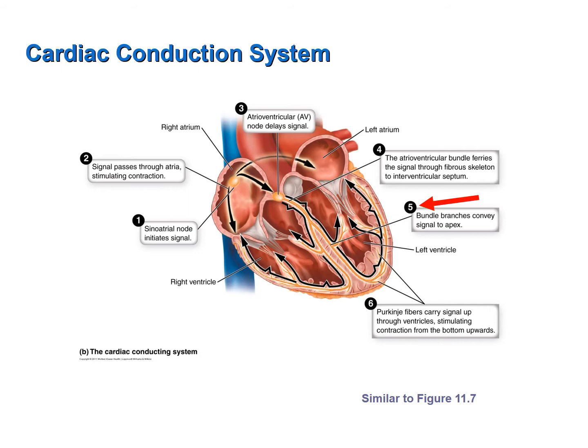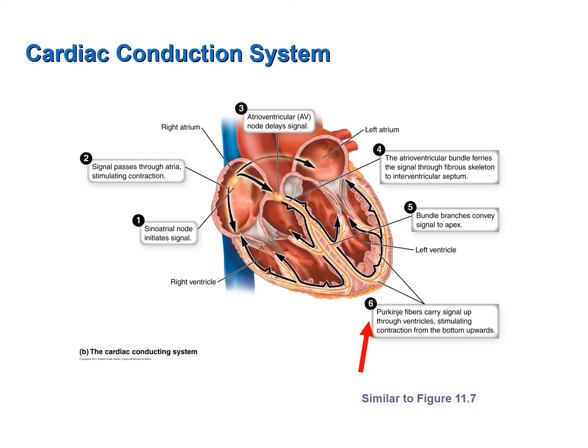Note that the atrioventricular bundle and the bundle branches do not stimulate contraction of cells in the ventricles because they're not connected by gap junctions to neighboring contractile cells. At the apex of the ventricles, the bundle branches divide into smaller Purkinje fibers, which then turn upward and carry the electrical impulses to the ventricular contractile cells.